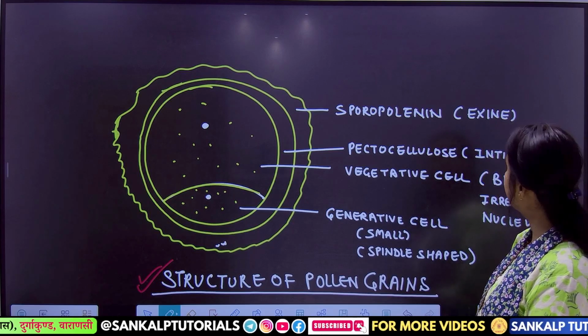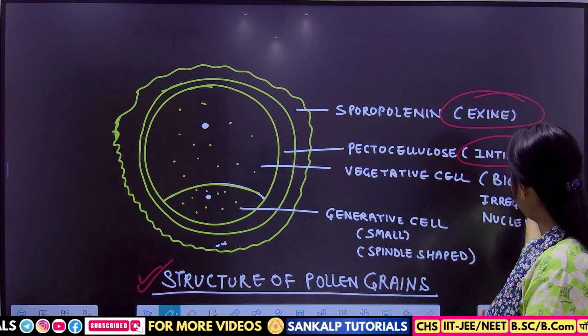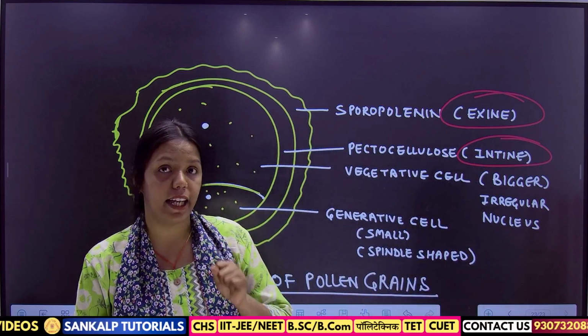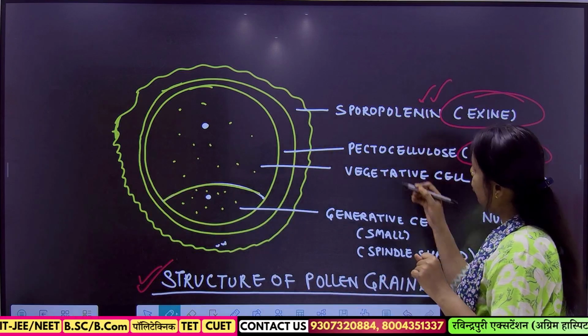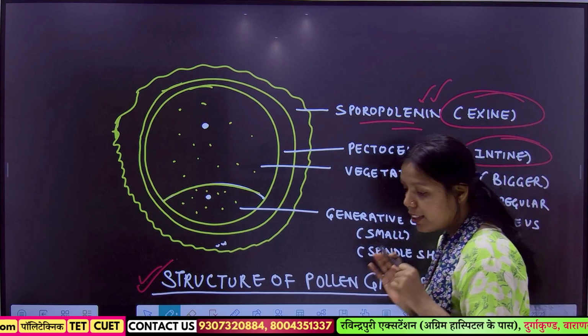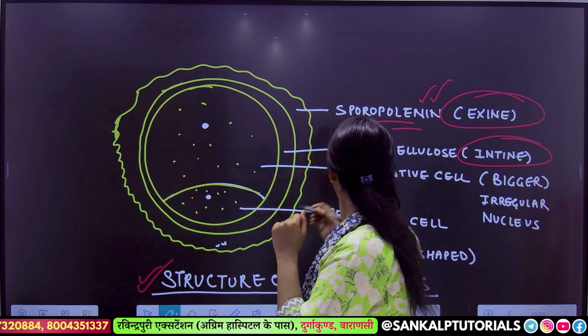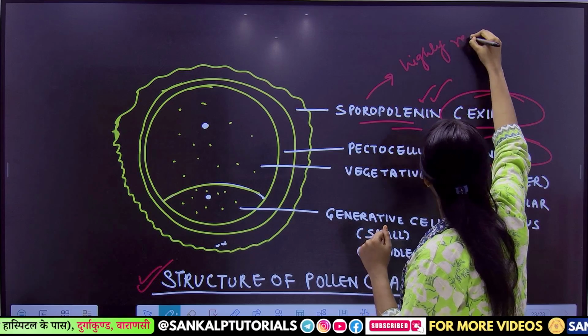The first one is the exine and the second one is the intine. The first layer, exine, is made up of sporopollenin, which is a highly resistant substance.